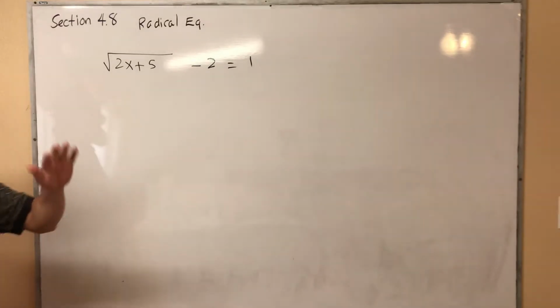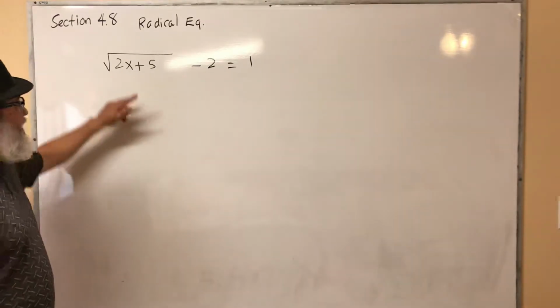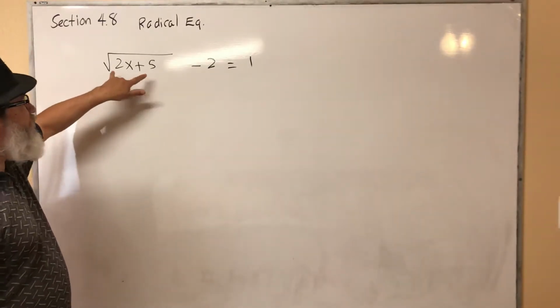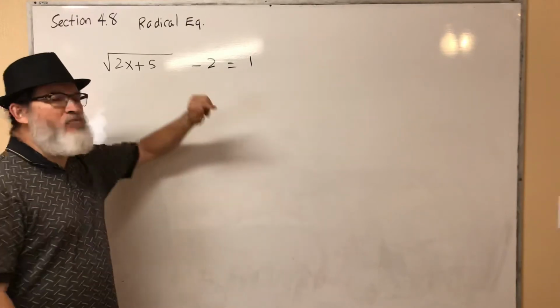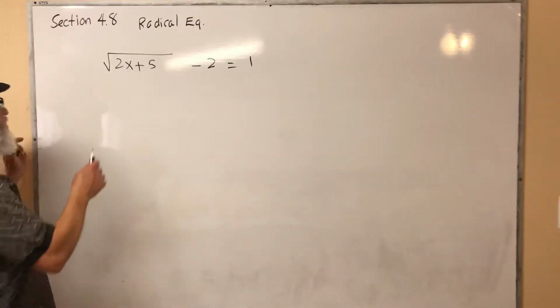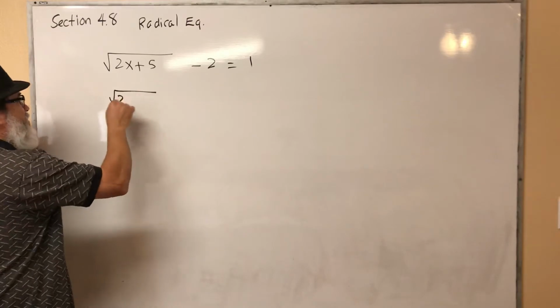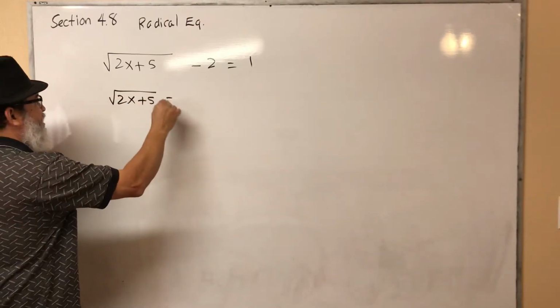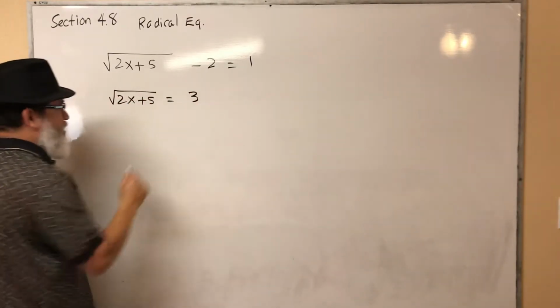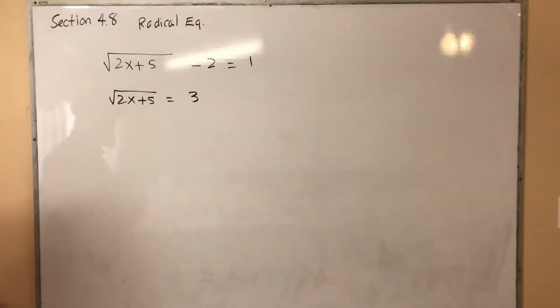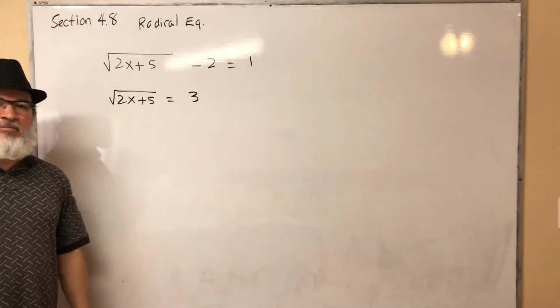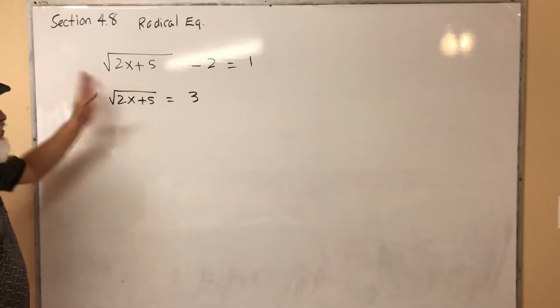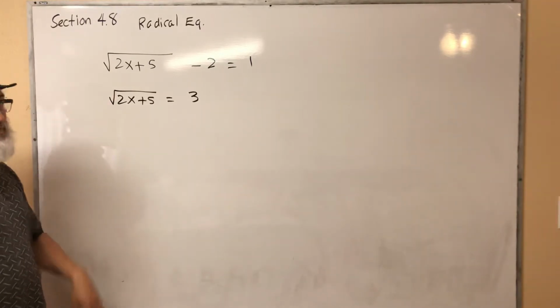To solve this, we're going to isolate the radical. Get this by itself. To get this by itself, I'm going to add 2 to both sides. So the square root of 2x plus 5 equals 3. Now let me square both sides, because the index is 2, so I square both sides to get rid of this radical.